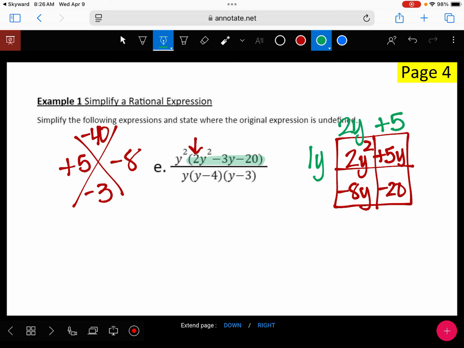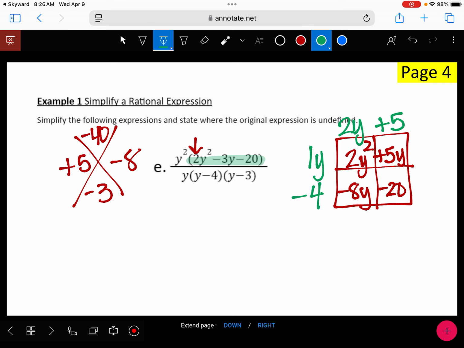Now, 8 and 20, that's tricky. I think a lot of people will take out a 2, but that's not the greatest number. There's another number where you have an 8 and a 20, and that's 4. And it has to be negative because it's next to a negative.